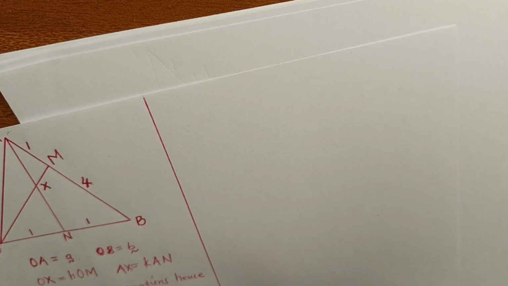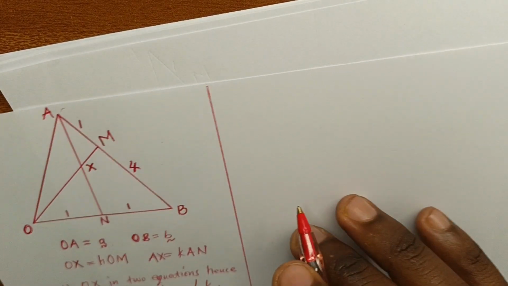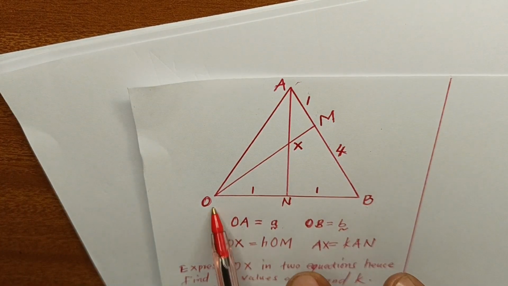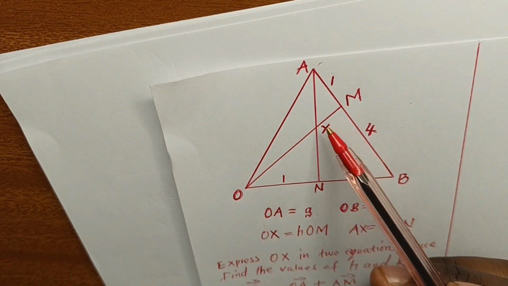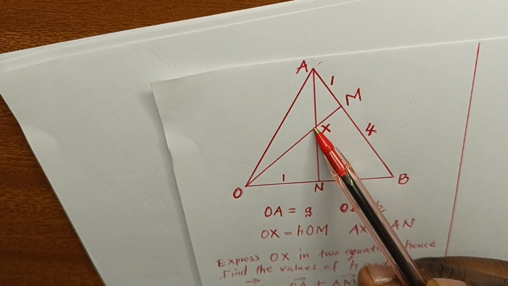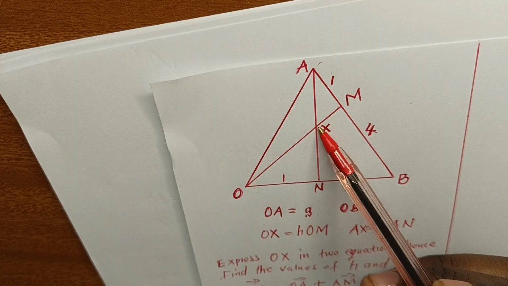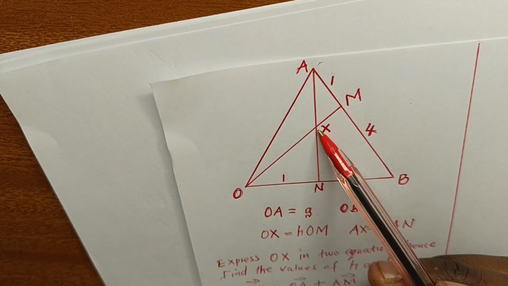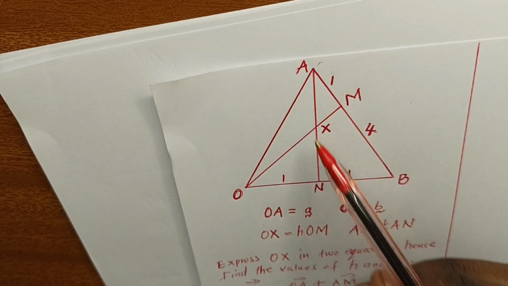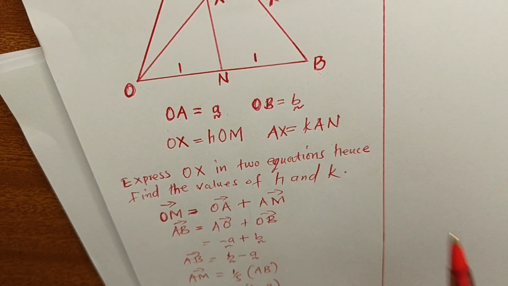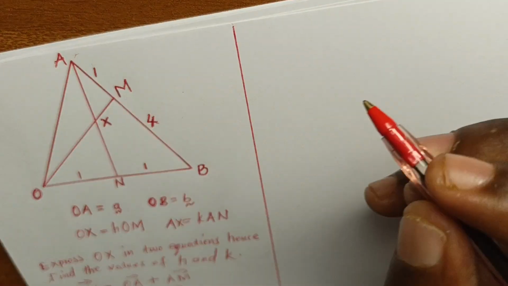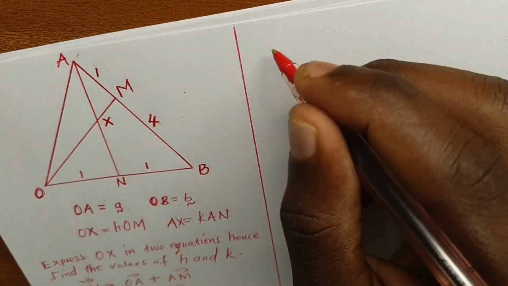Second equation of OX. I will find it manually, such that according to the diagram, I can trace this path. OX is equal to OA and AX. But we've been told that AX is equal to kAN. Now, I want us to find AN first of all.